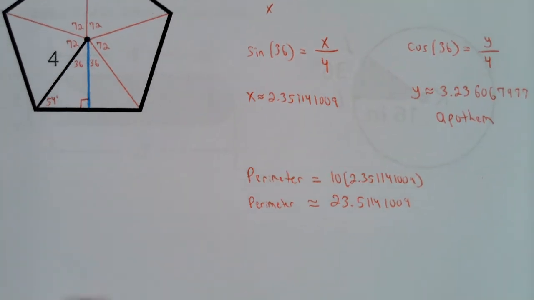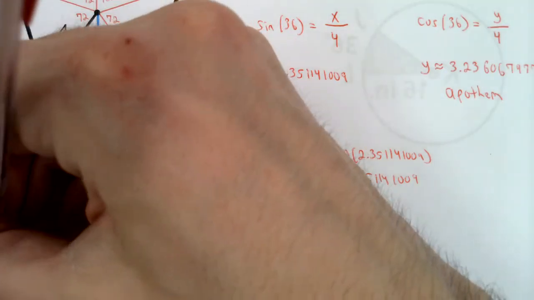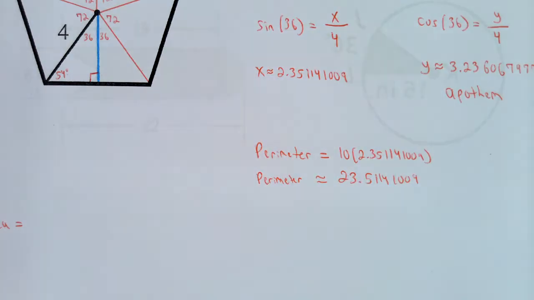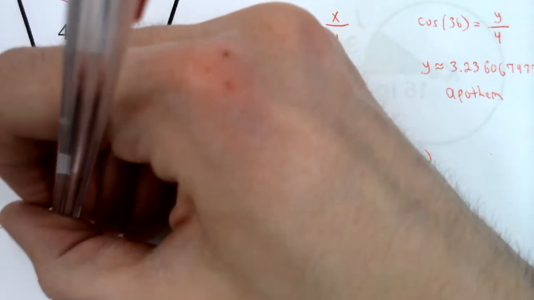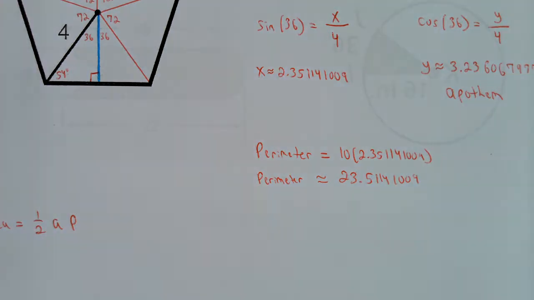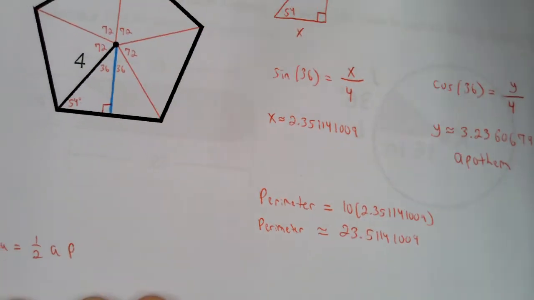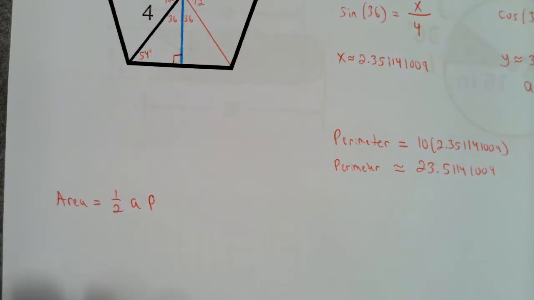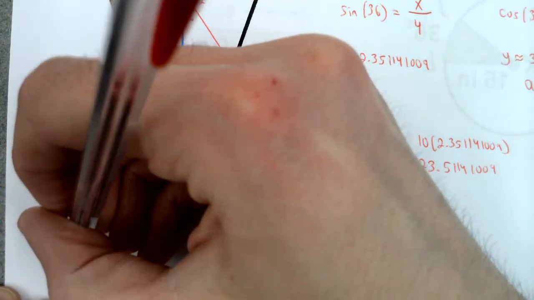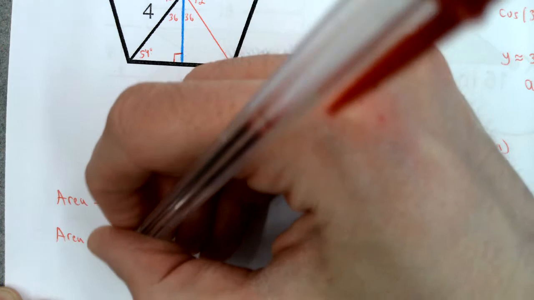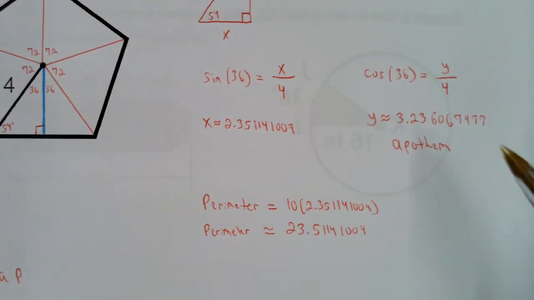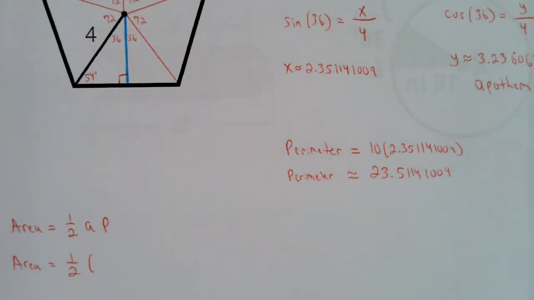Now let's get the area. Okay, so area equals 1/2 times the apothem times the perimeter. So area equals 1/2 times the apothem. We established that earlier, 3.236067977. Write out all the decimals for now.